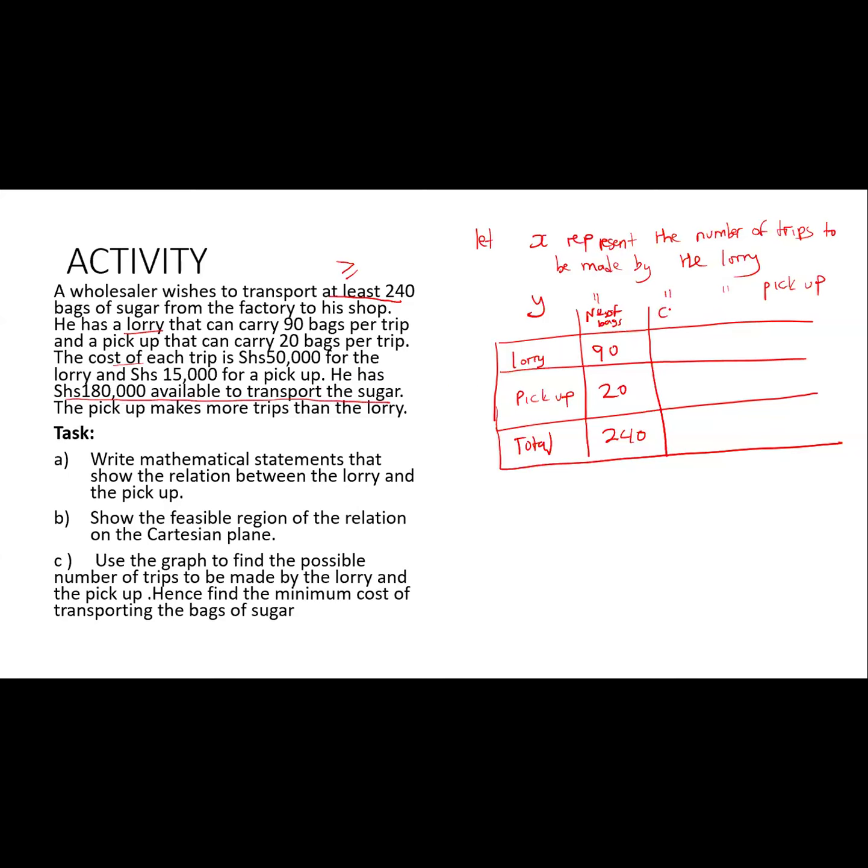Then you ask, what about the cost of transport? For a lorry, he will need 50,000. For the pickup, he needs 15,000. But in total, this person has 180,000. Then the next statement: the pickup makes more trips than the lorry. That is another statement we are going to summarize.